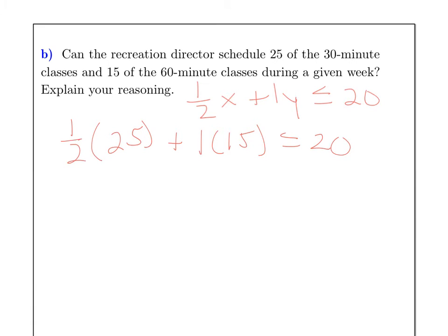Well, half of 25 is 12.5, and 1 times 15 is just 15. The bad news is, though, that this is 27.5.